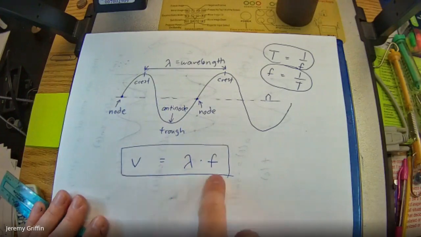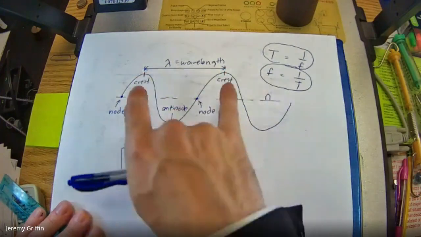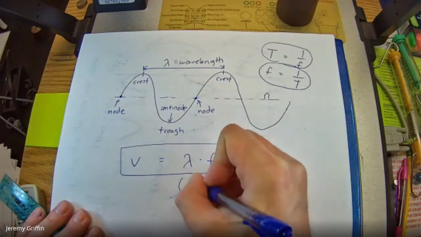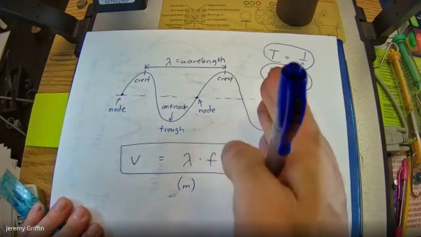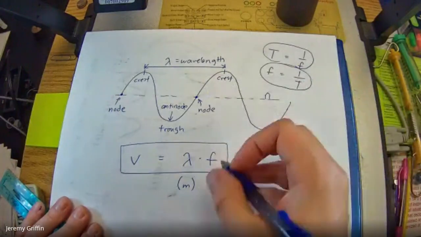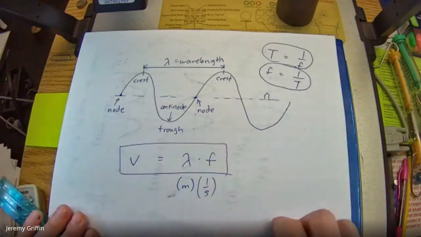And take a look at this formula right here. So if you know the distance between crest to crest, that's called wavelength. That could be in meters, couldn't it? And you also know how frequently, blip, blip, blip, reciprocal of the time period. Couldn't that be like 1 over seconds? Right? So if it was 2 hertz, it would be blip, blip, blip, blip, blip, blip.